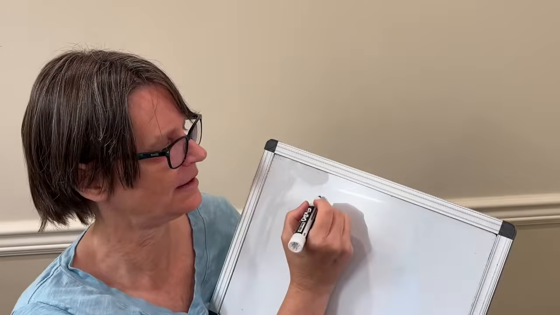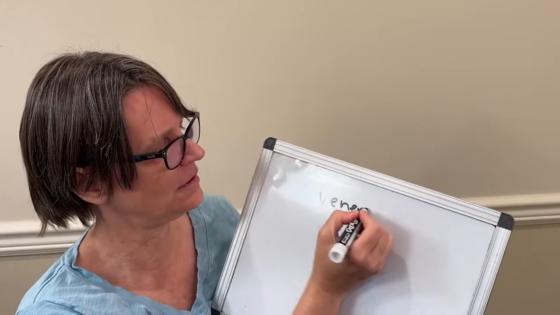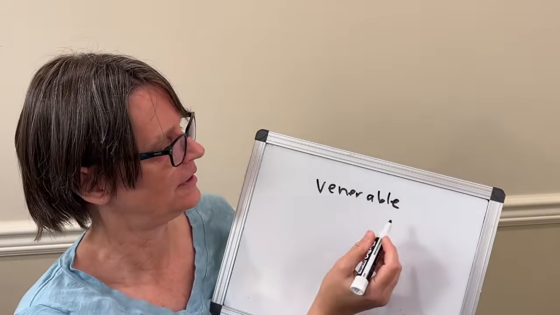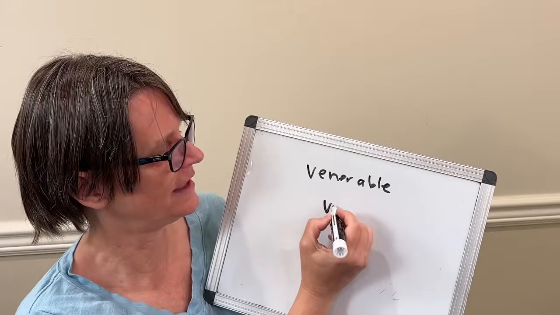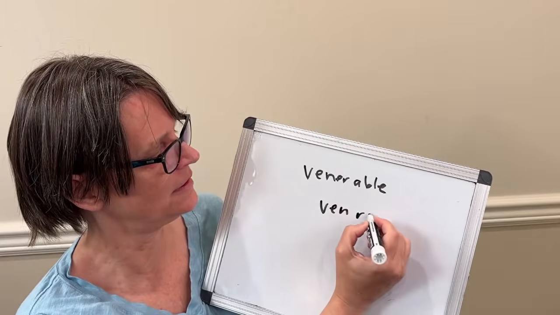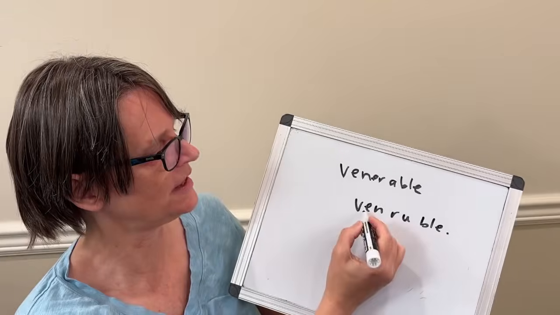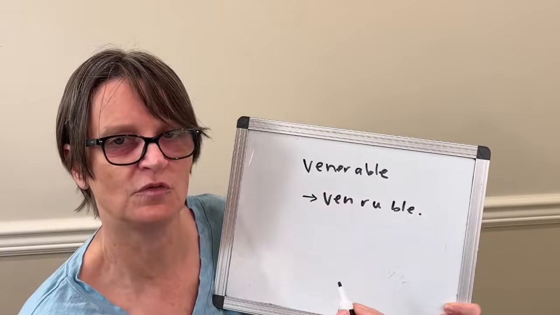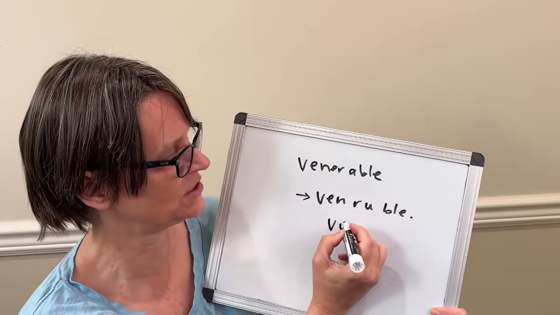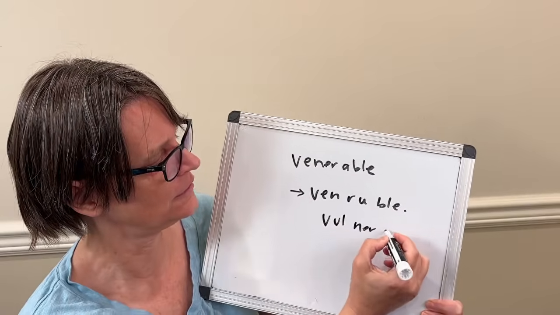Okay. We have a question about the word venerable, if it can be reduced the same way as comfortable. Yeah, I would say maybe venerable might get reduced to venerable. So the venerable so and so. The only thing that I would say to avoid there is that it might sound too much like vulnerable.